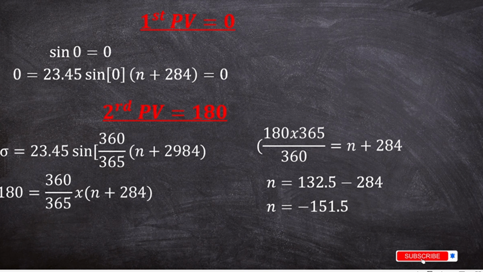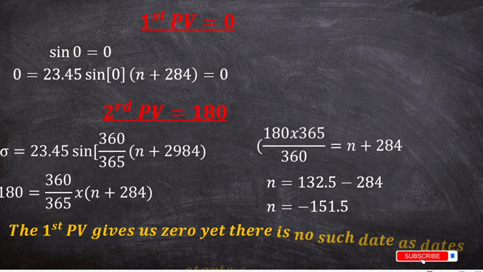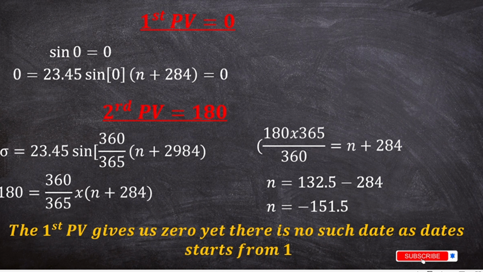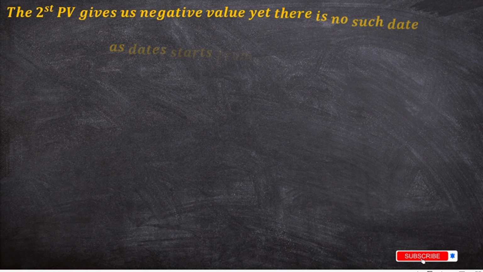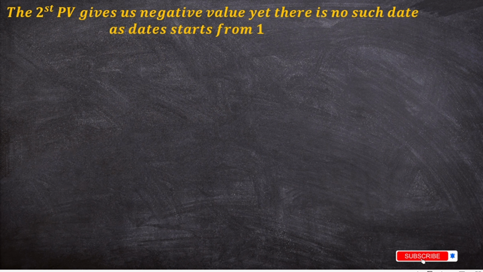So the first primary value gives us 0, so there is no such date, as dates start from 1. 0 is not a date. The second value gives us a negative value, as it's less than 1. So none of those will work. Moving on to the third primary value.